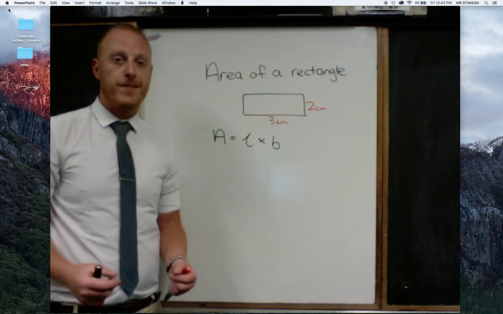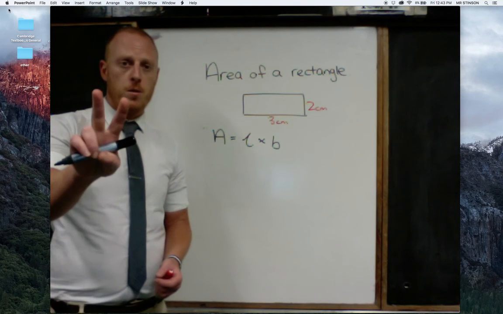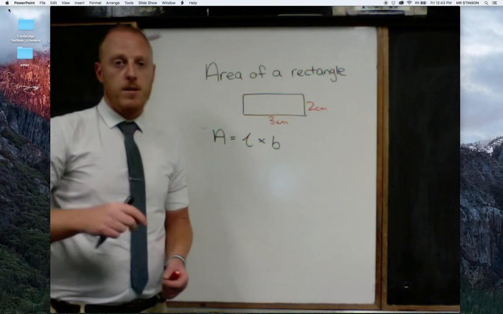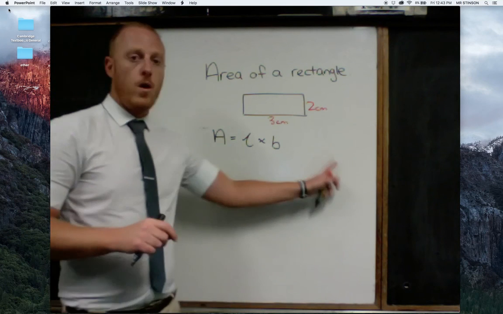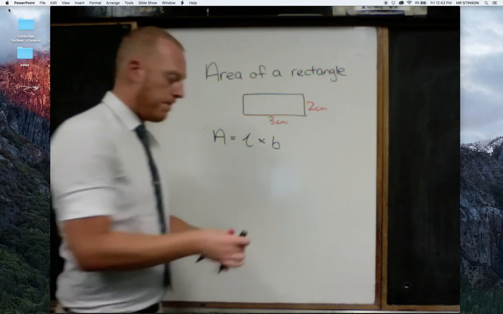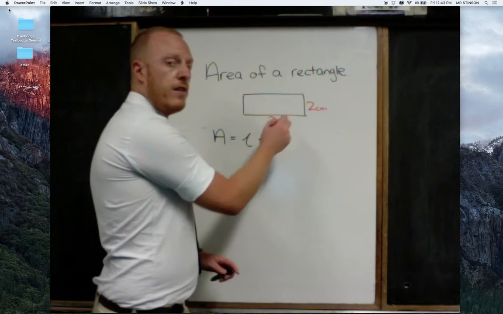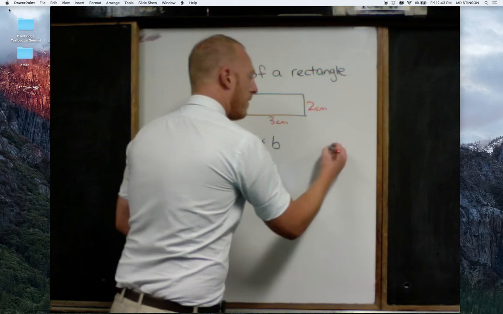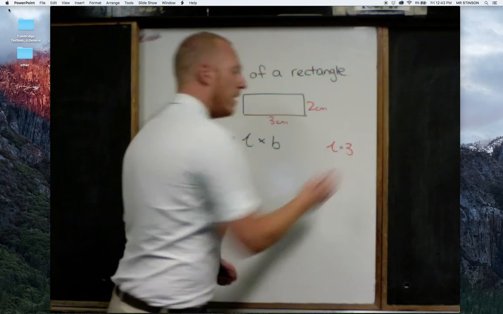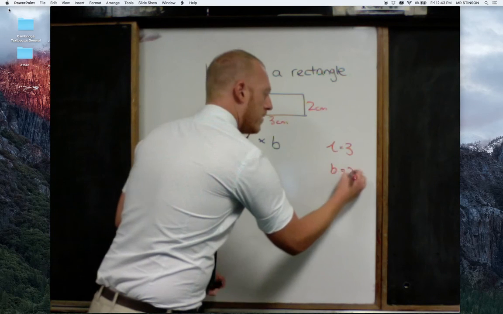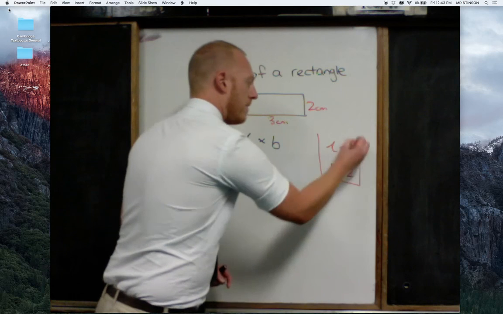We've written it. Done. 2. Write your values on the right-hand side of your formula. If the question asks us to find the area of a rectangle with a length of 3, we will write L equals 3. If it has a breadth of 2, we will write B equals 2. And we'll put a box around it.